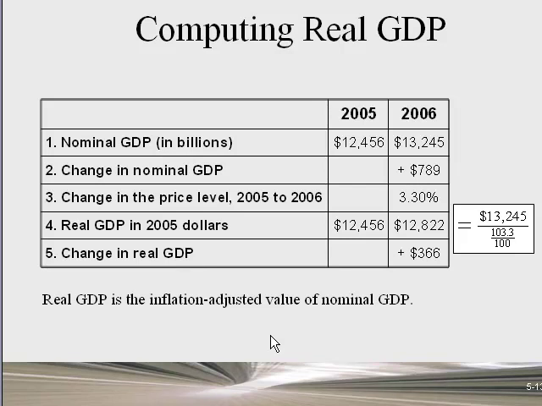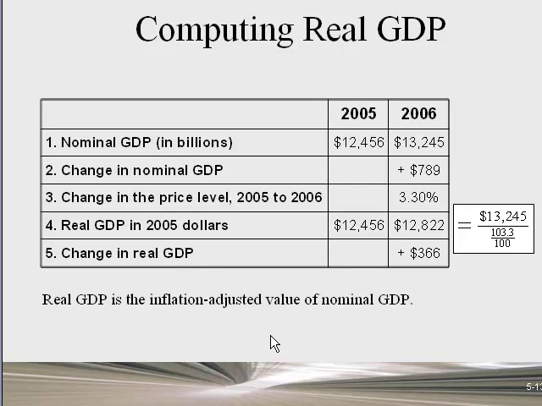We really grew. But we have to take out the price level. We know our prices went up by 3.30%. So whatever cost you $100 now costs you $103.30 for the same item.